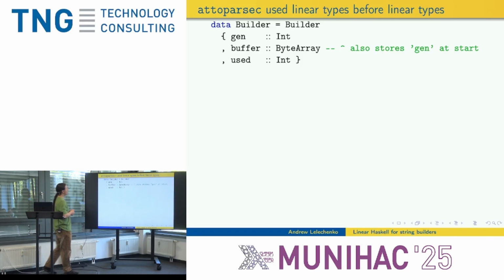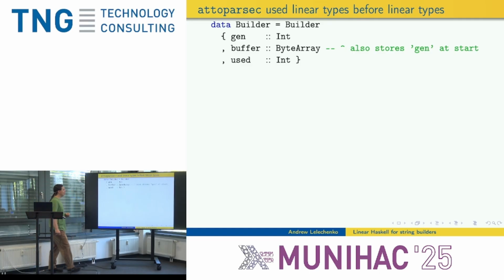And the idea employed here is kind of cursed. You have your byte array and your counter of how many bytes you have used already. But you also have a generation counter here. That's not the entire story.